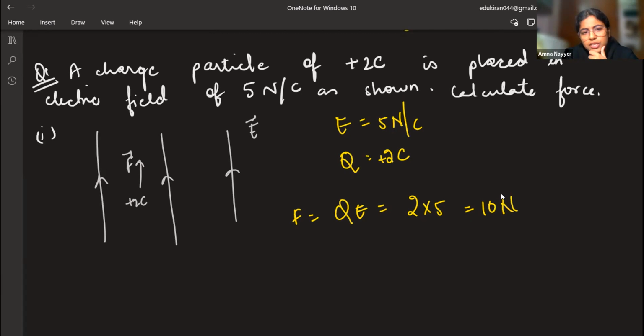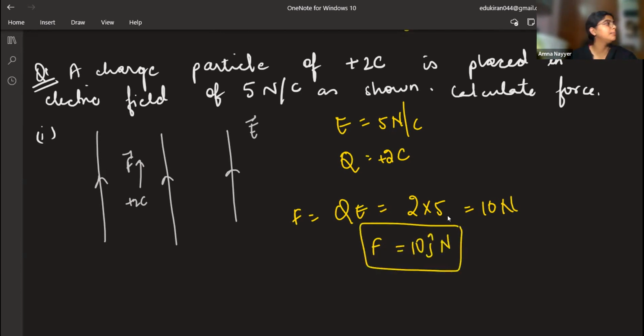If electric field is upwards, electric force will also be upwards. So that is going to be J cap. J cap is the unit vector along the positive y-axis, that is upwards. So the complete answer, you will write it as 10 J cap Newton. This is your complete answer that you have to put.